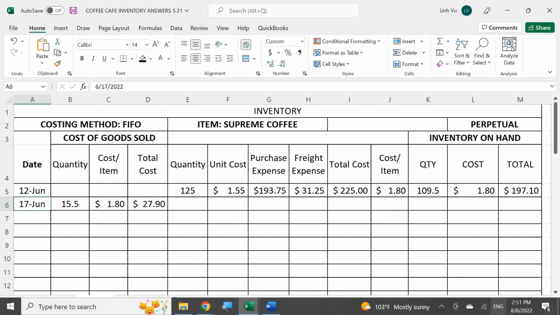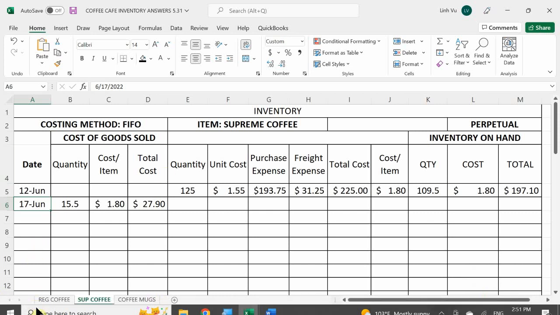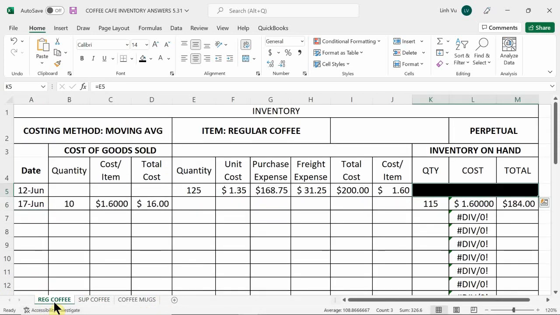So now that I updated my inventory, this is the information that I got. For me using the coffee for the in-store sales, it cost me $27.90 for the Supreme, and it cost me $16.